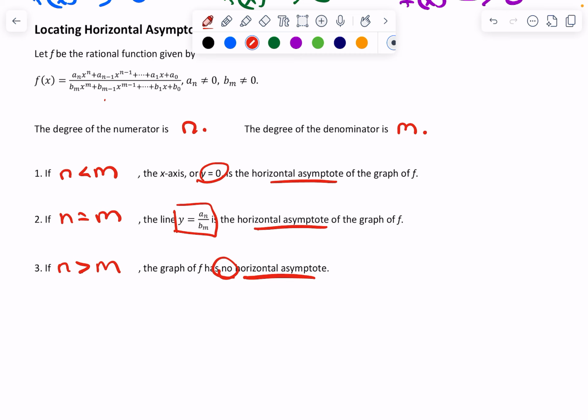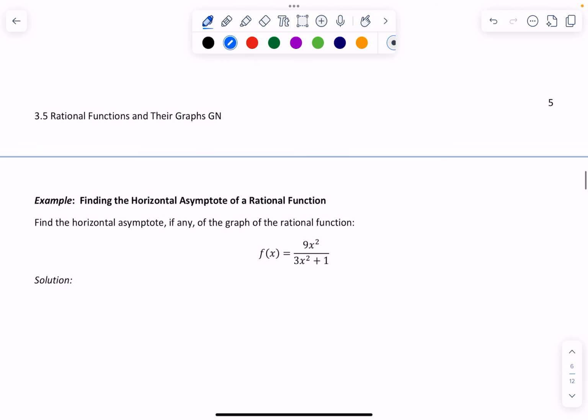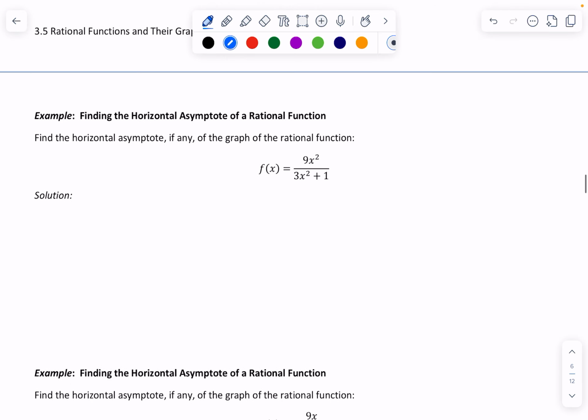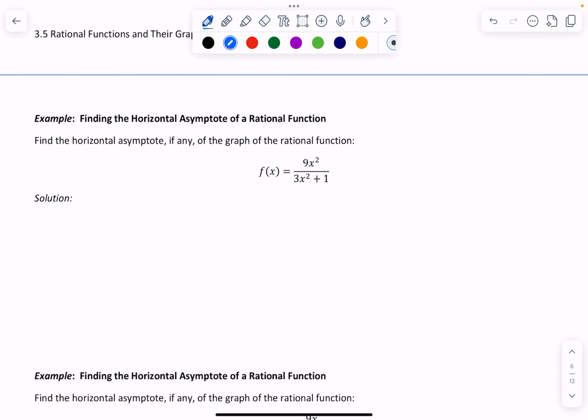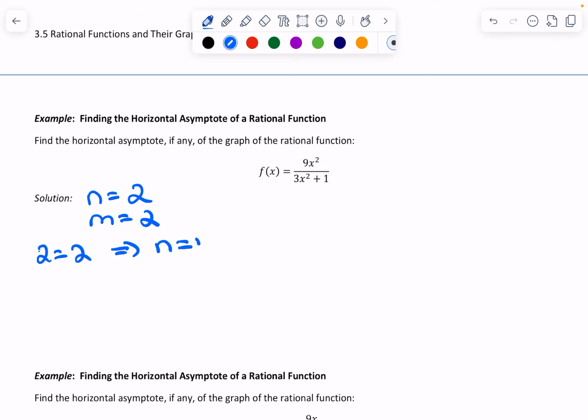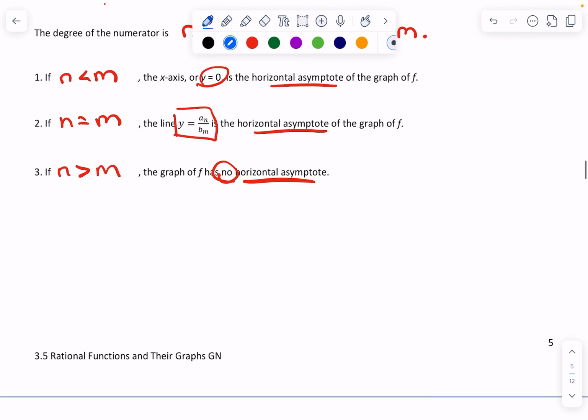Okay, so let's look at a few examples next, and we're going to use what we just learned. f of x equals 9x squared over 3x squared plus 1. Our degree of the numerator is 2, and the degree of the denominator is 2. Now, we notice that 2 equals 2, so n equals m, which means that we are using this second one here.